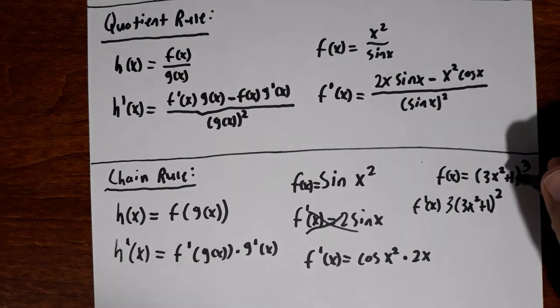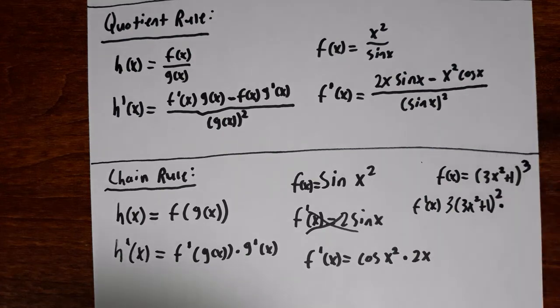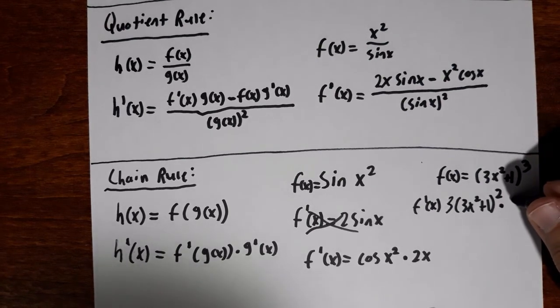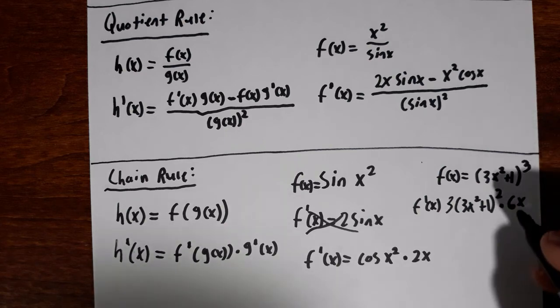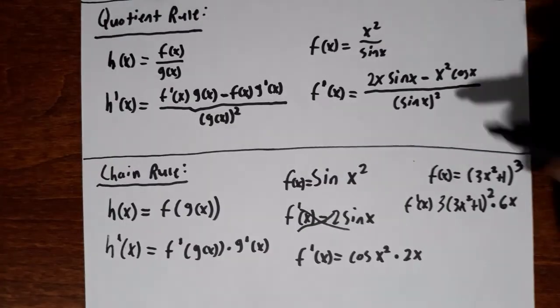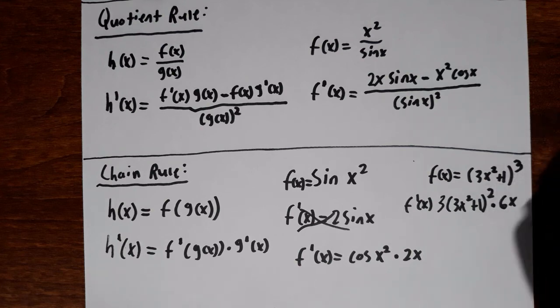But now we have to multiply by the derivative of this inside function. So the derivative of this inside function is going to be 6x. And then we can drop the 1 from this function because the derivative of any constant is 0. So this would be the final derivative of our equation 3x squared plus 1, cubed.